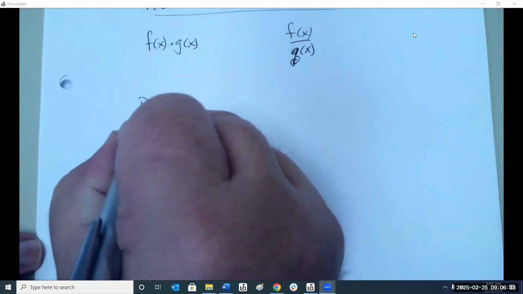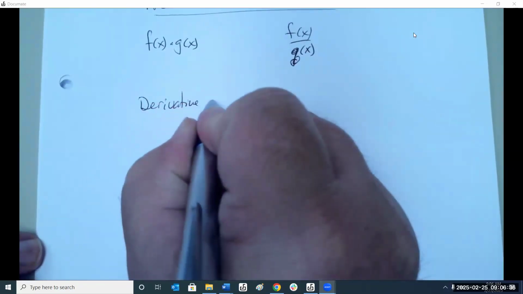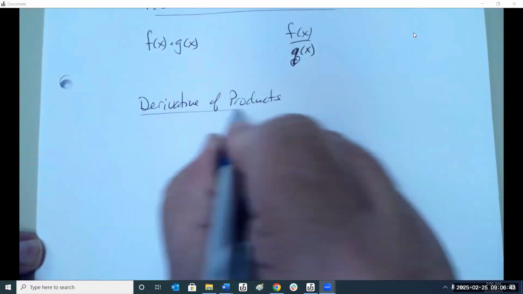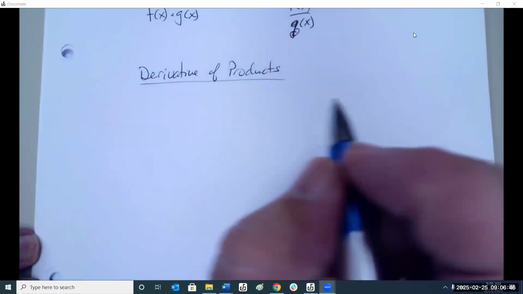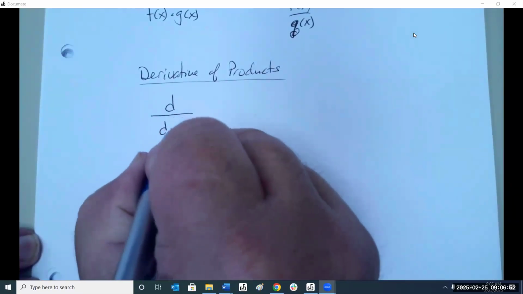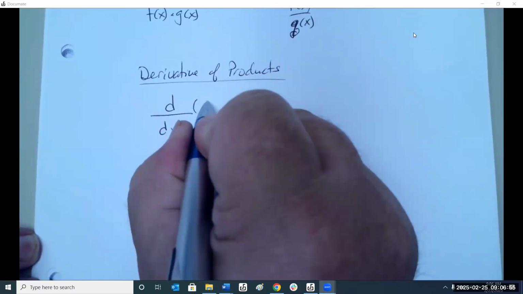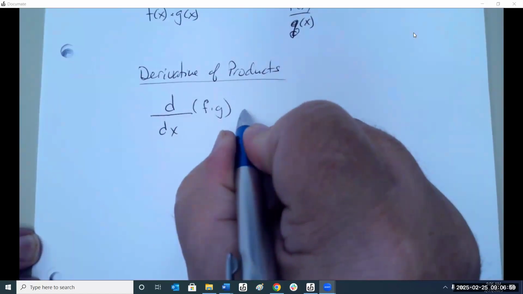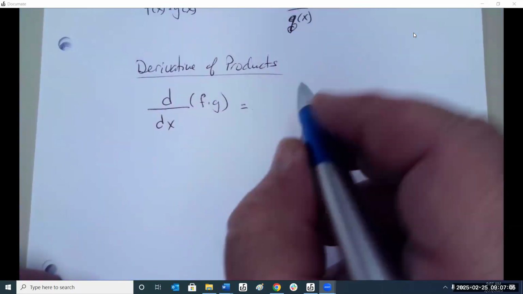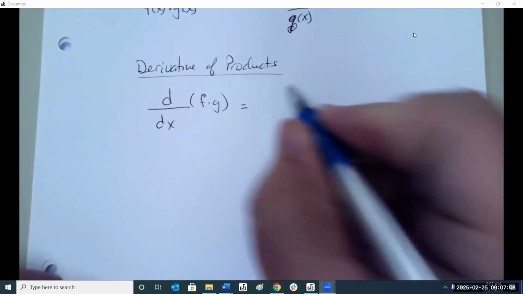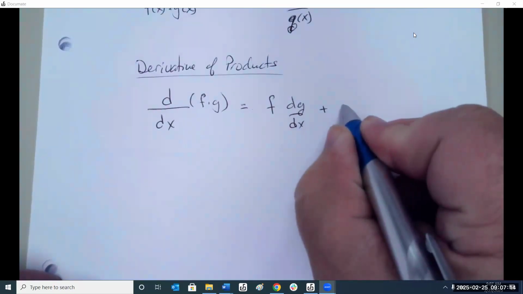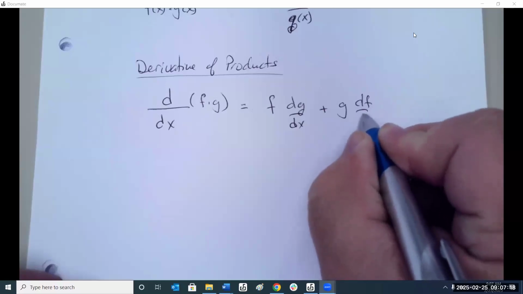So for example, for the derivative of products, if I have the derivative of f times g, what that one's going to equal is f dg/dx plus g df/dx.